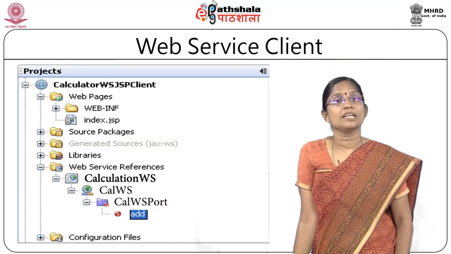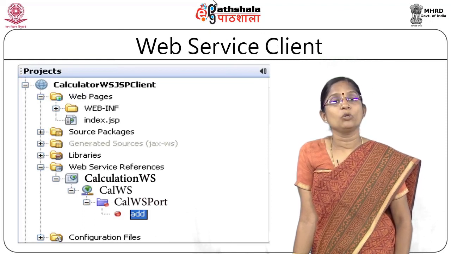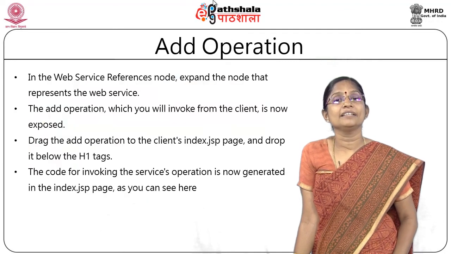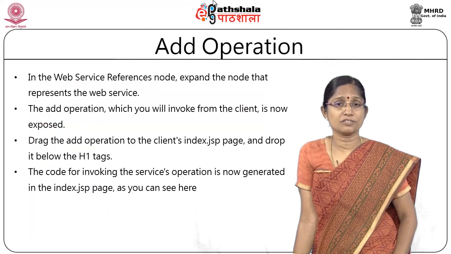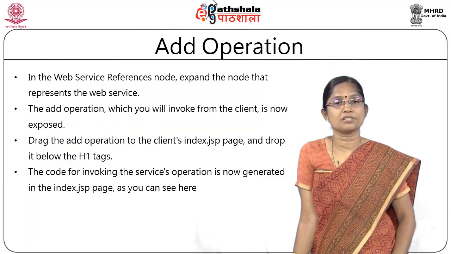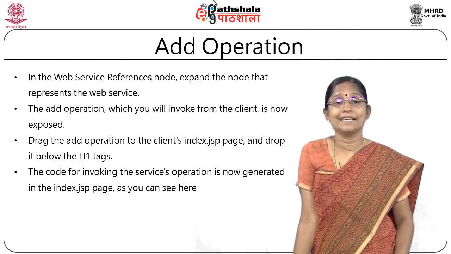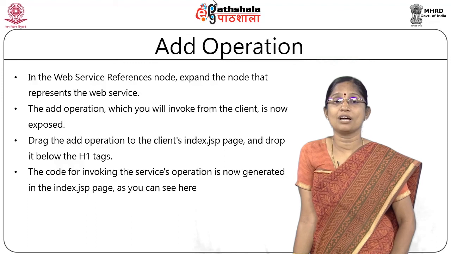In the JSP client, again the WS port is available and the add method is available. Again in the Web Service References node, you can expand the node that represents the web service. The add operation is available. We can invoke the add operation from the client, and you can drag the add operation. There we saw that we dragged the add operation and added it to the Java editor.